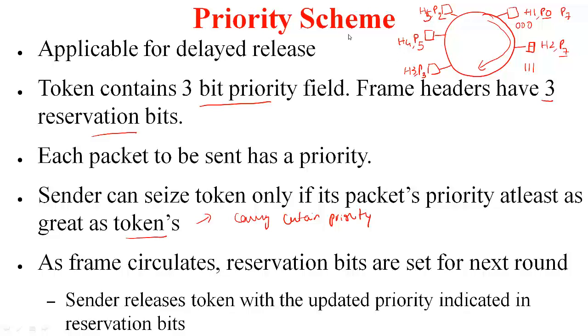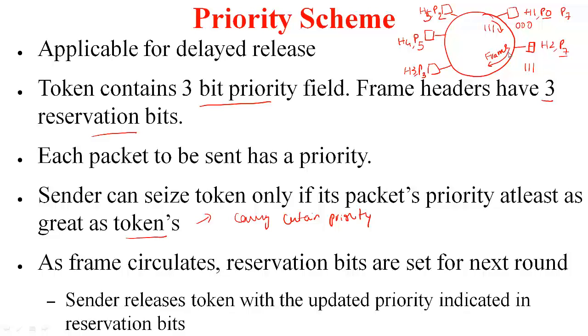Now when this packet is drained by host 1, it is going to release the token. So when host 1 releases the token, this token's priority is now set to 111, which means that host 2, because it has a priority at least equal to the token, is now going to grab the token and send the frame.